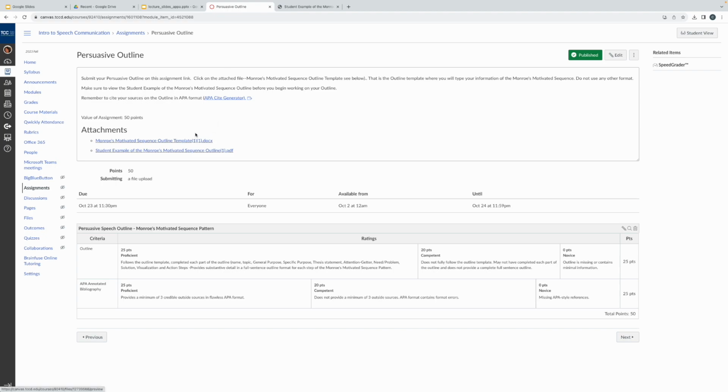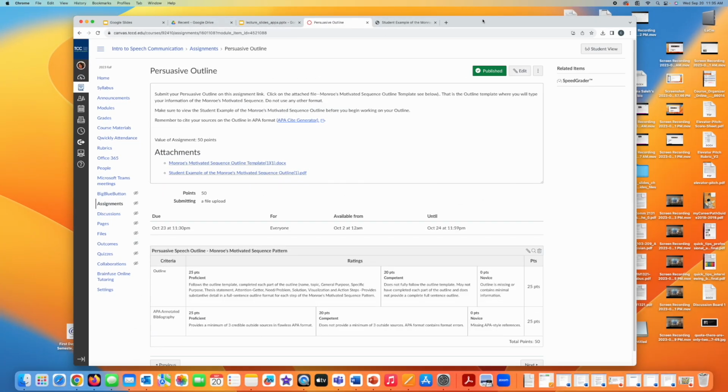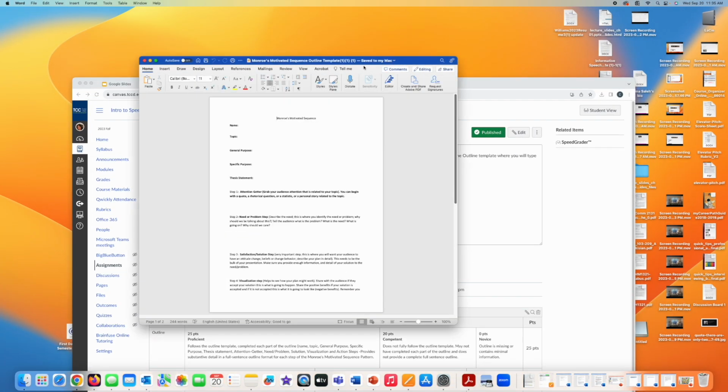Now let's go ahead. When I click on the outline template, this is what it'll look like. This is your outline template.